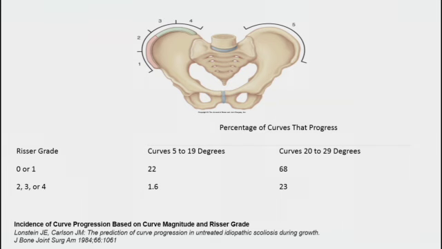So it is very important when you prognosticate and discuss with the family and discuss the various treatment options. It is actually the Risser 1 and 0 children who are helped with other forms of treatment like bracing or casting if needed.